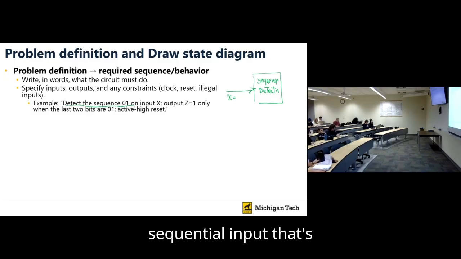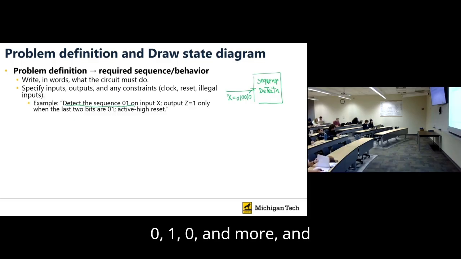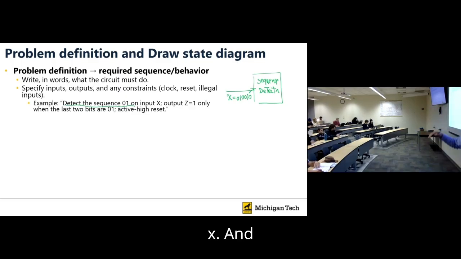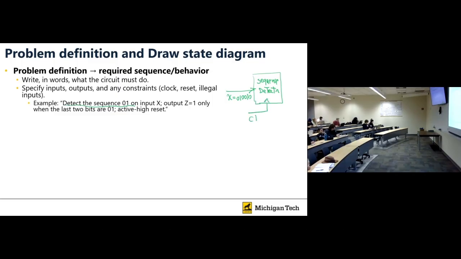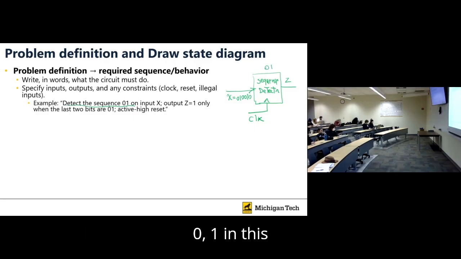It's just a sequential input that is coming, like for example 0, 1, 0, 0, 1, 0, and more, coming one by one as X. And this is a sequential circuit, so it has a clock. And the output is Z. And this Z shows whether the pattern happens, like for example, the pattern is 0, 1 in this example.